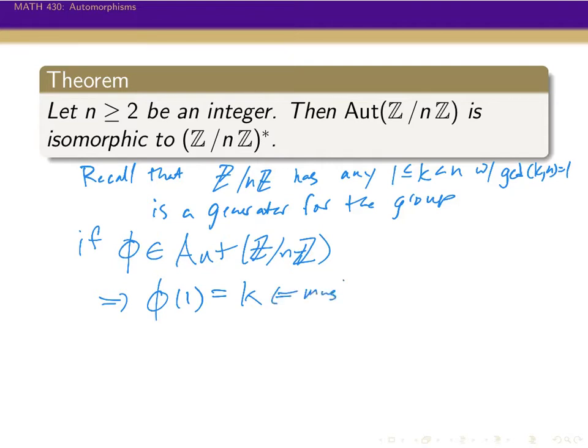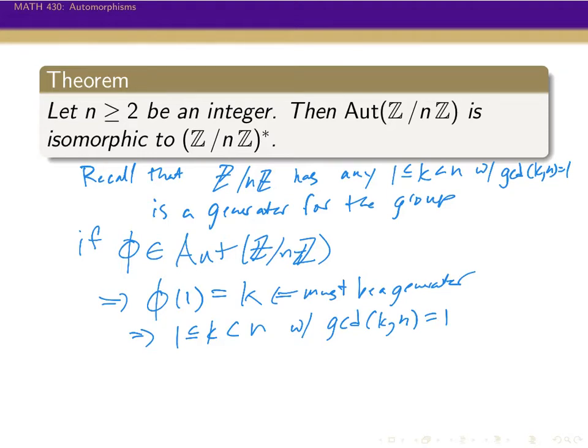So it must be a generator. And so then that tells us that k is one of these positive integers less than n whose GCD with n is equal to 1. Those are precisely the generators of the group. And so phi must be sent to one of these.